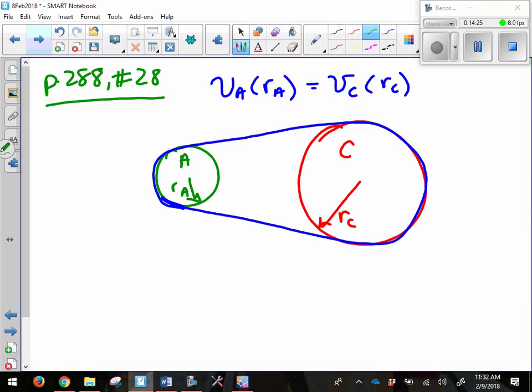All right, so we know some things for wheel A, and we know some things for wheel C. Let's see what we can figure out here. All right, so what kind of info do we have? Zoe, give me one thing. Okay, so alpha A is 1.6 radians per second squared.